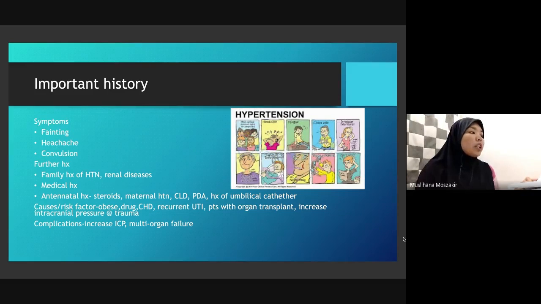For each organ, like the eye, they might have hemorrhage. They might present with blurry vision. For the brain, they might present with, as I mentioned before, headache and convulsion. For the heart, they may have previously or will develop left ventricular hypertrophy.